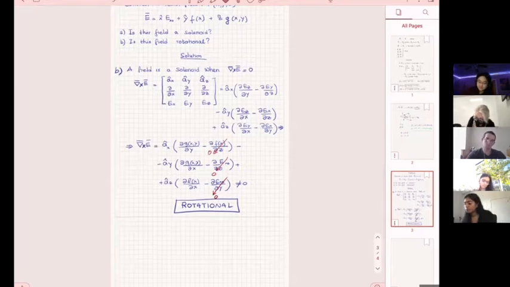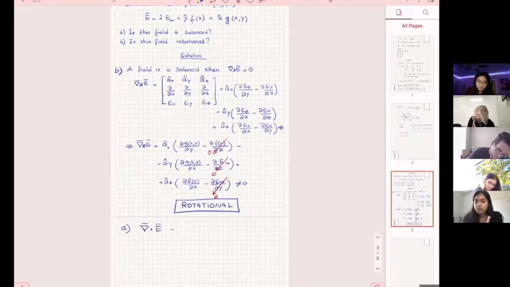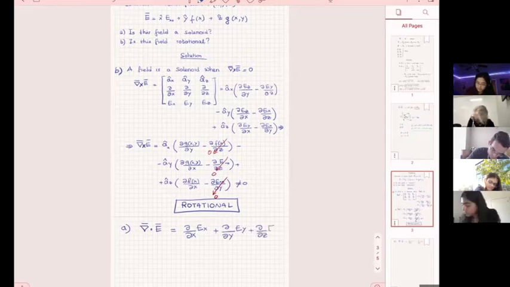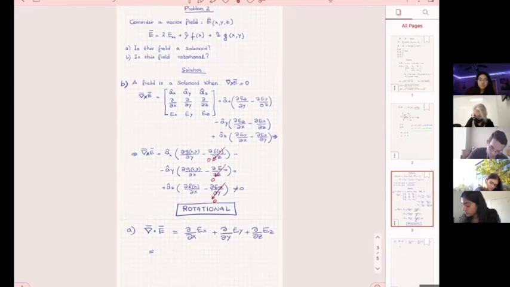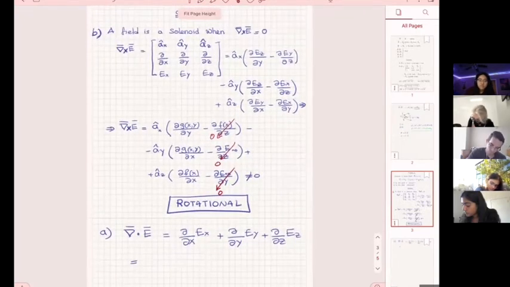Solenoid, it has to be the dot, and that is ∂x of Ex plus ∂y of Ey plus ∂z of Ez. And that will give 0 for the first one because this is a constant up there. So it's going to give 0.